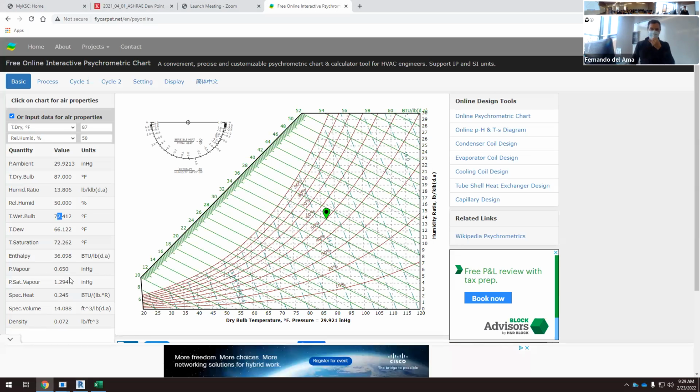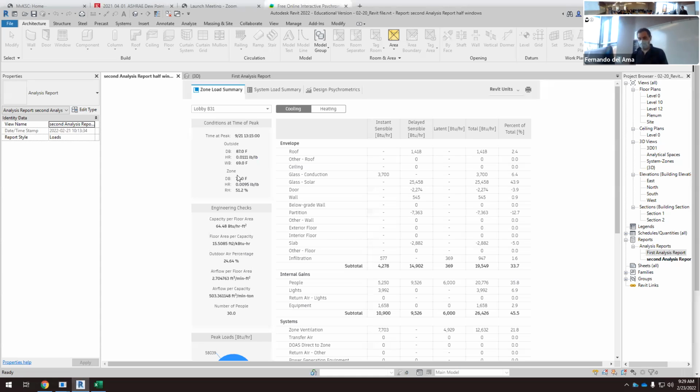We have different tools depending on the units, and different tools to check whether what we are doing is right or wrong. If the wet bulb temperature here is 72 and Revit is considering 69, that's fine. The problem is if we are considering 69 in Revit and 20 in the other tool. Then there's a mistake. But if there is only a 1, 2, 3 Fahrenheit difference, it's fine.